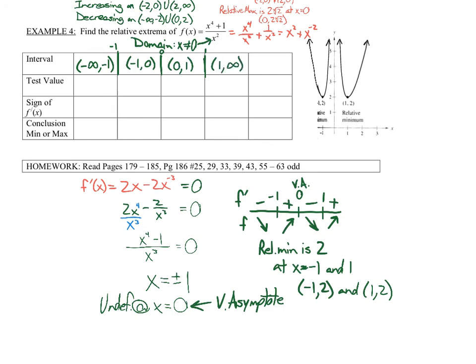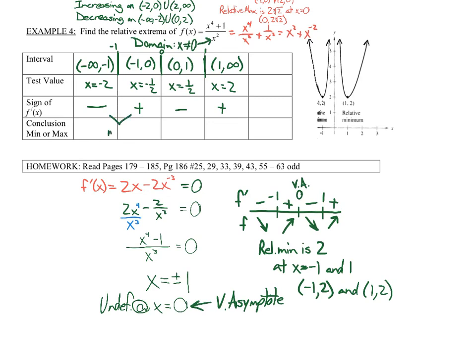We tested different values: x equals negative 2, x equals a negative half, x equals a half and x equals 2. When we did that, we got the derivative to be negative and then positive and then negative and positive. So that right there gave us our conclusion.